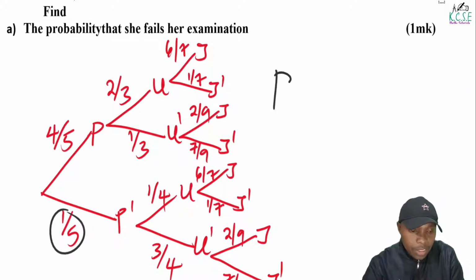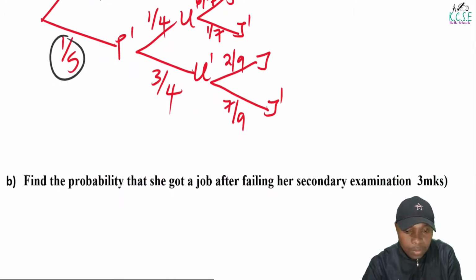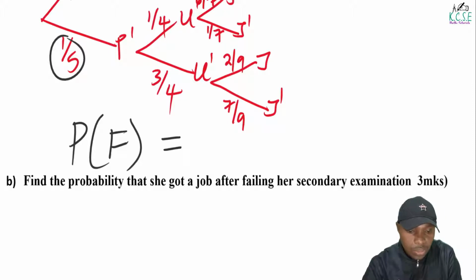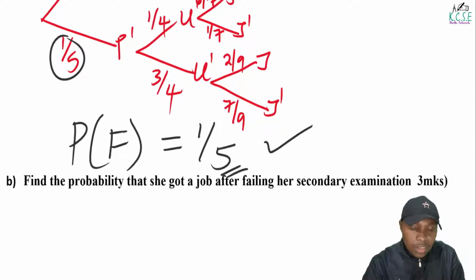So the probability of failing the examination is 1/5, and that is just 1 mark. That was very straightforward.